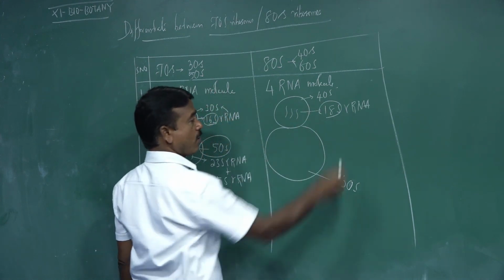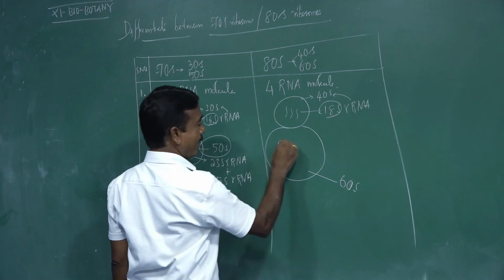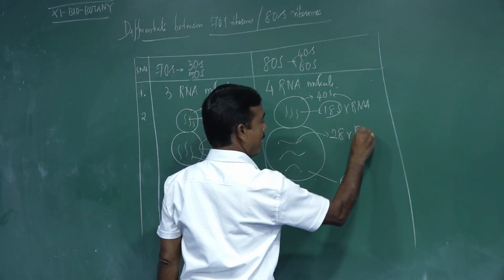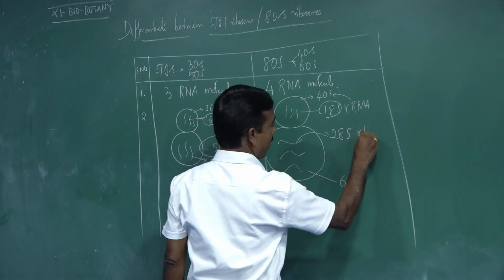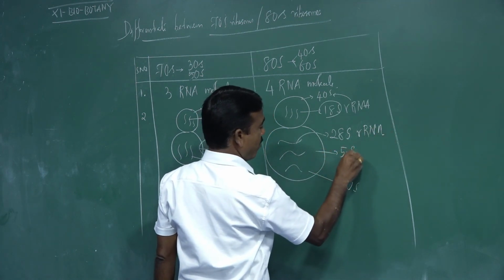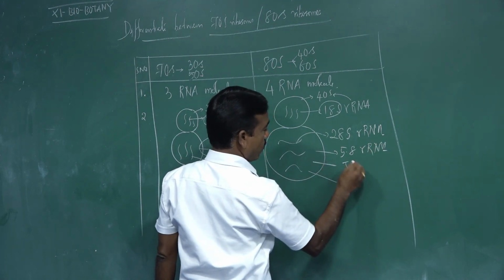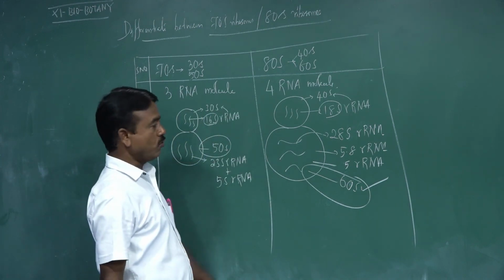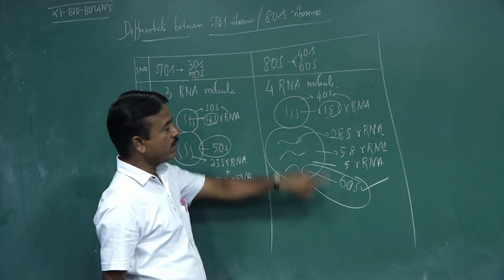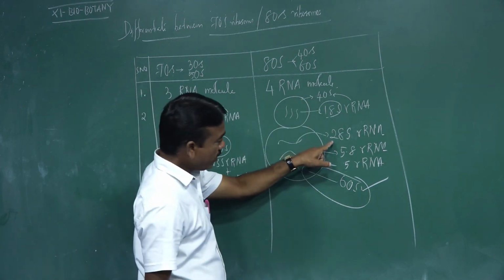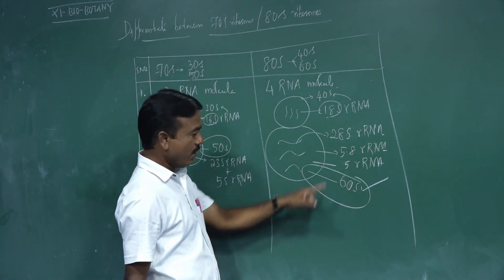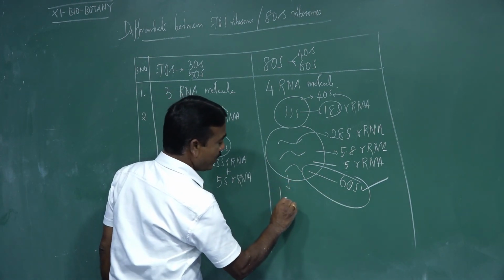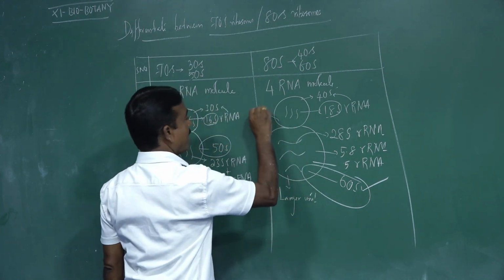So 18S rRNA is found in the 40S subunit. Likewise, 28S rRNA, 5.8S rRNA and 5S rRNA are all found in the 60S ribosomal subunit, which is the larger unit. The 40S is the smaller unit.